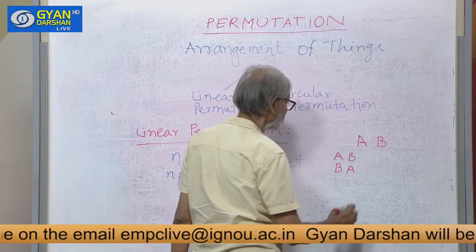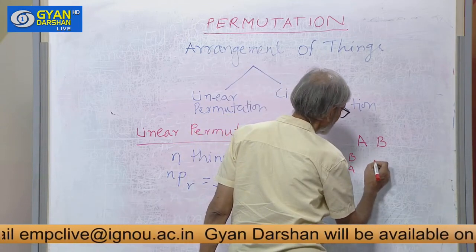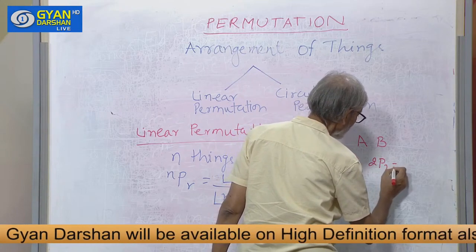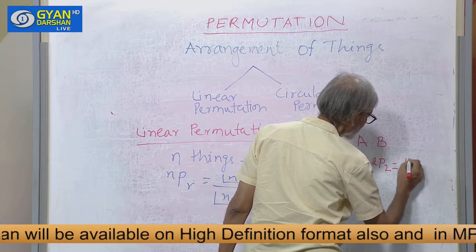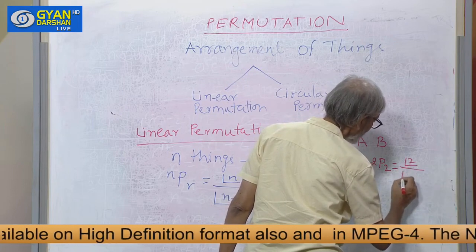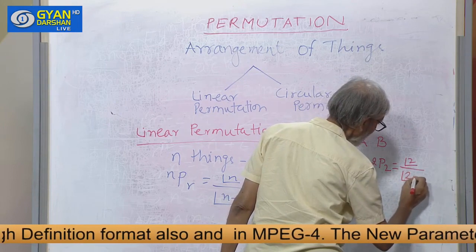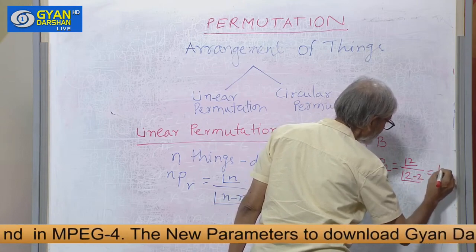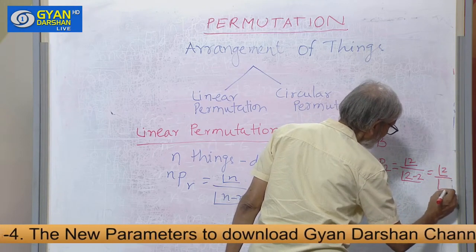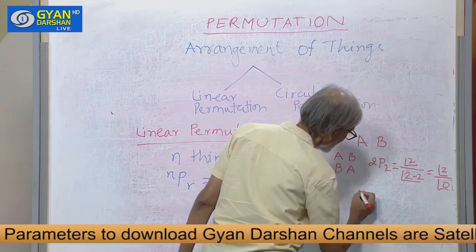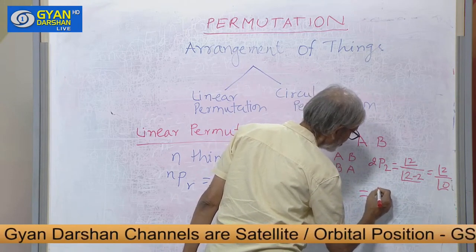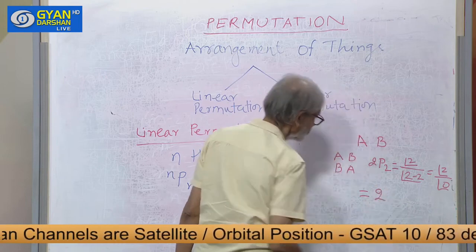So, this is 2P2 is equal to factorial 2 divided by factorial 2 minus 2 is equal to factorial 2 divided by factorial 0, and you know factorial 0 is equal to 1. So, it will be equal to 2.